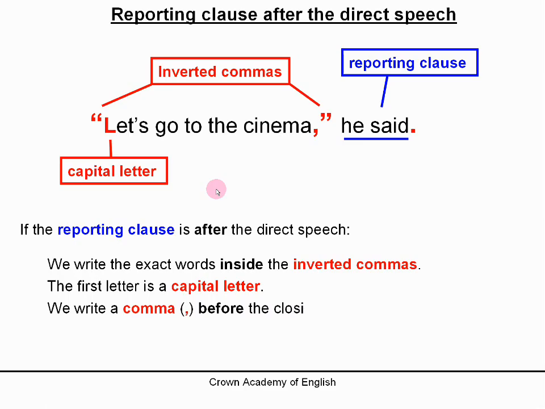But this is different. This time we write a comma before the closing inverted commas. Okay? Here. So this is a comma. This is not a full stop. That is important. Okay? Although it is the end of the speech, we write a comma.